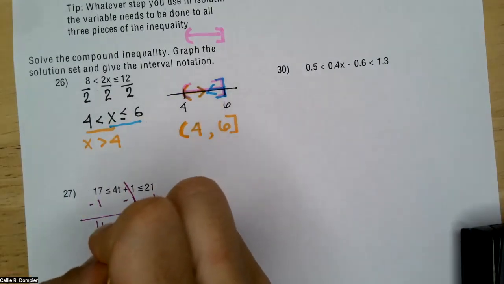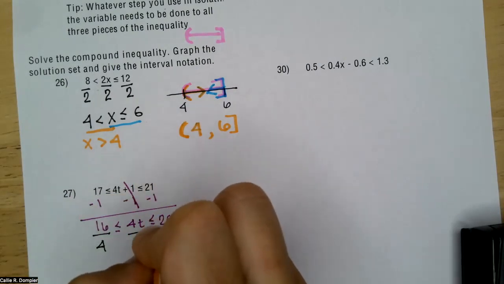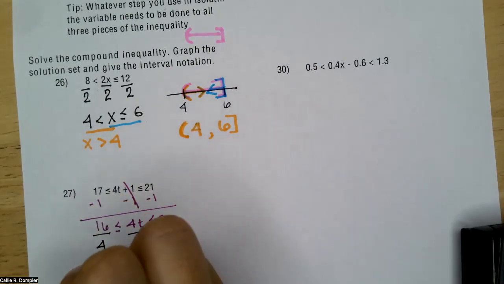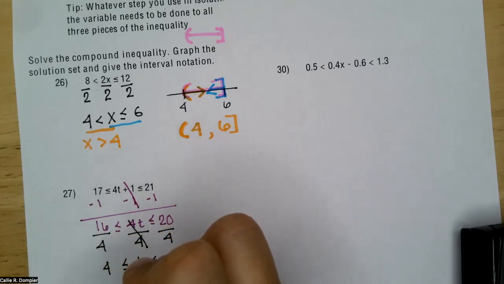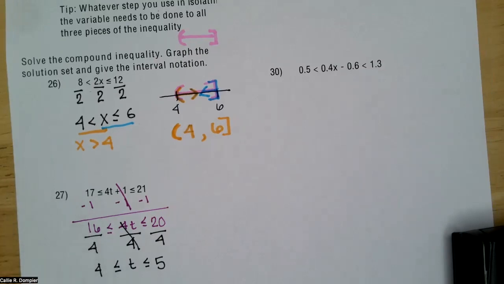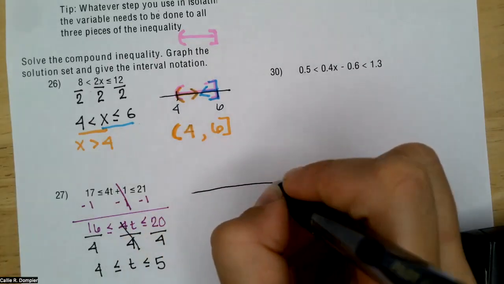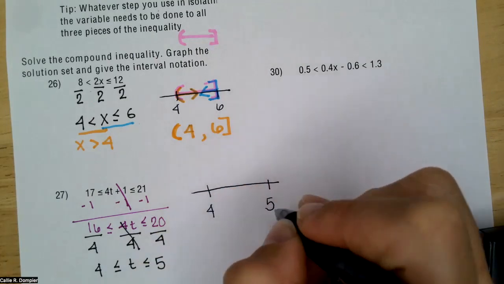Now t is being multiplied by 4. I'm going to divide it by 4. 16 divided by 4 is 4. Now we have t is less than or equal to 5 and t is greater than or equal to 4. Here's the number 4, and here's the number 5.